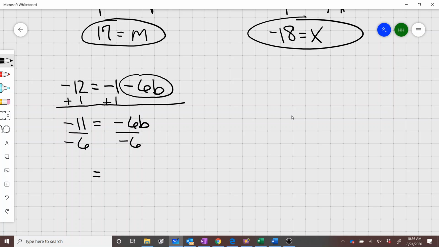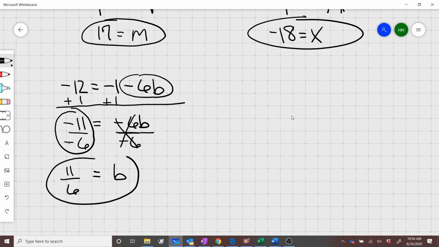All right? So this negative 11 divided by negative 6, though, this is not the answer. It's not in simplest form. A negative divided by a negative is a positive. So this becomes 11/6. Your negative 6b divided by negative 6, they go away, and you're left with the b, and you're done. So 11/6 is equal to b. Just leave it.